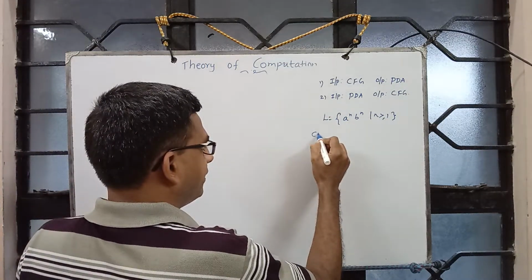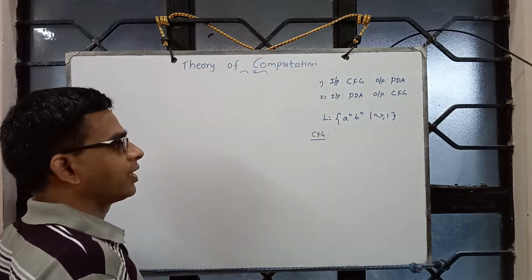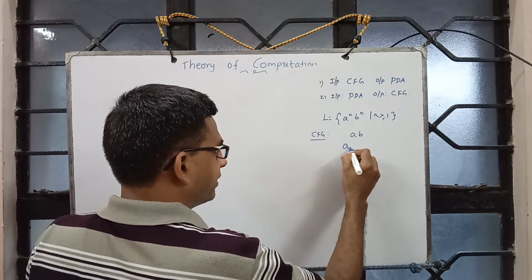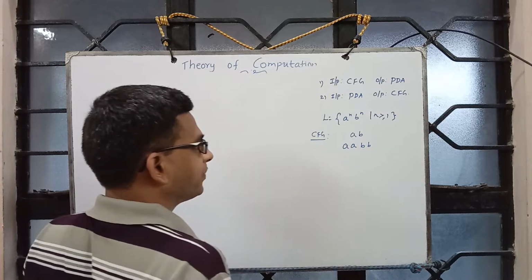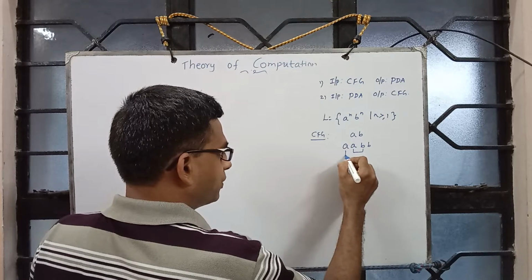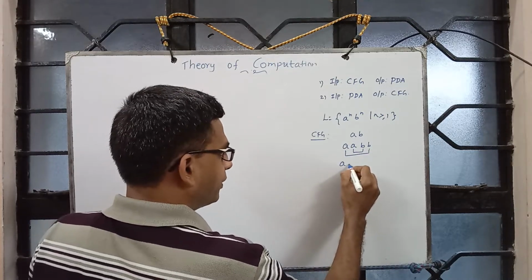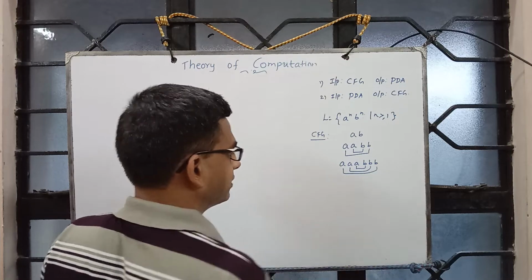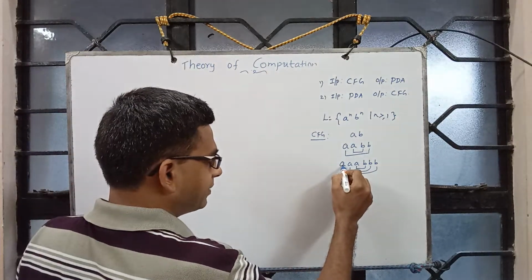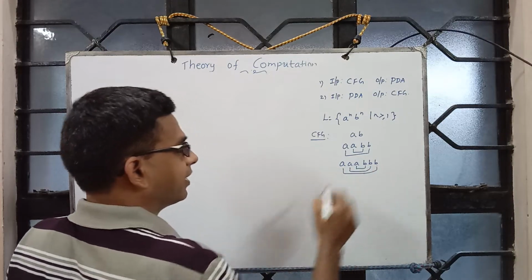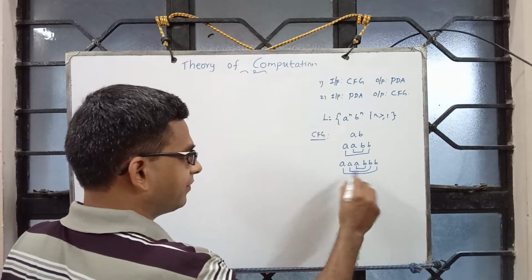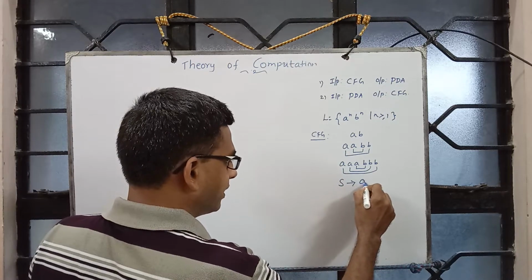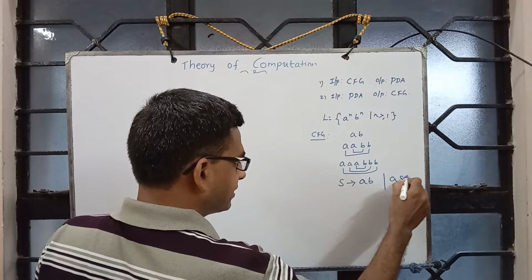When we talk about CFG, we look at the strings in L. The base string is AB, and the next one is AABB, where there is a match between the A's and the B's, and when you look at AAABBB, there is a match again. So if we associate a symbol which generates A whenever B is generated, that kind of recursion brings you a context-free grammar: S implies AB or S implies ASB.